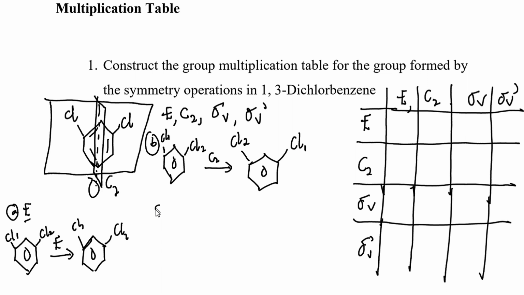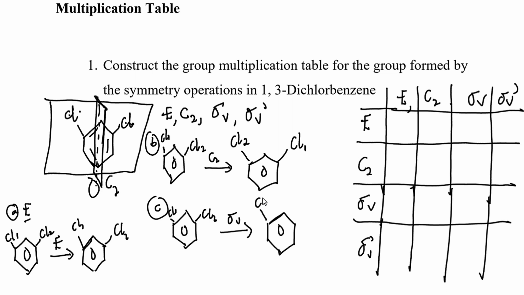Let's see the third, the mirror. This is chlorine 1 and this is chlorine 2. If we carry out the first mirror, what is here shows here, and what is here shows here. That gives us the same thing as C2, so we have Cl2, Cl1.